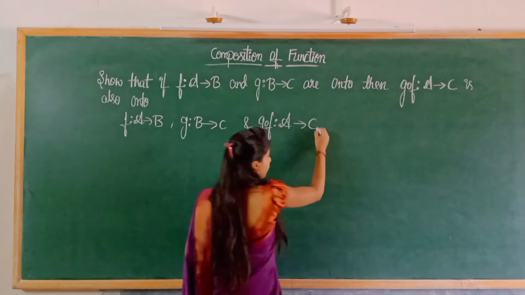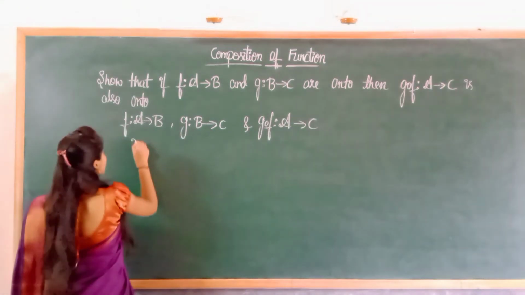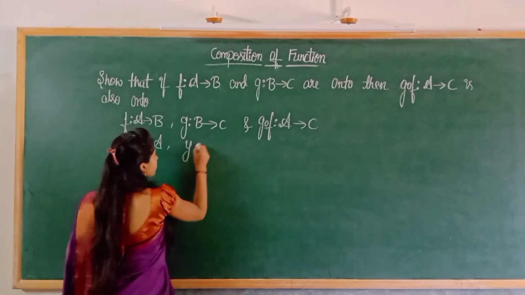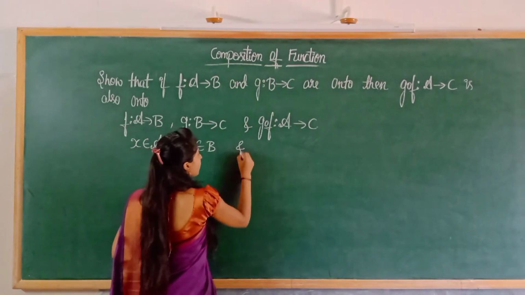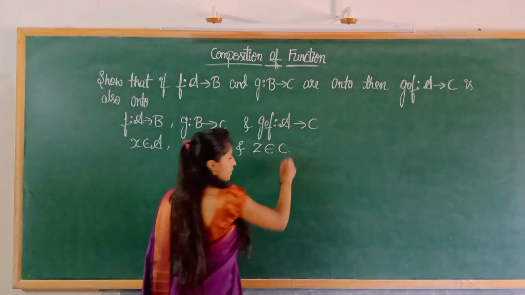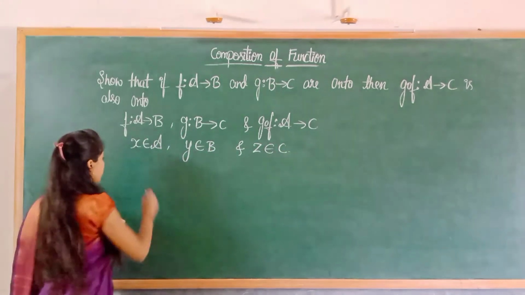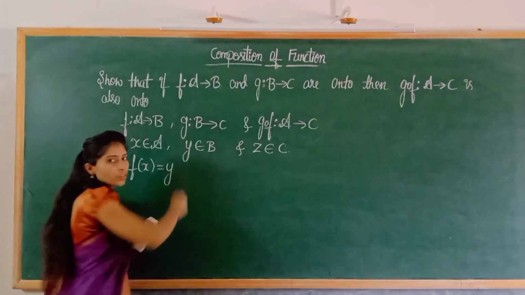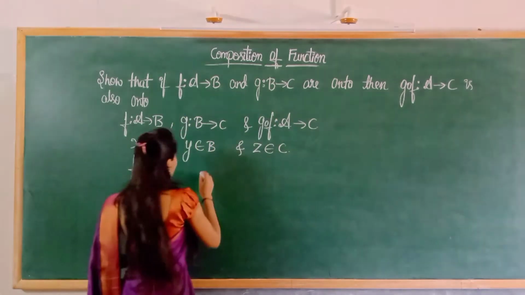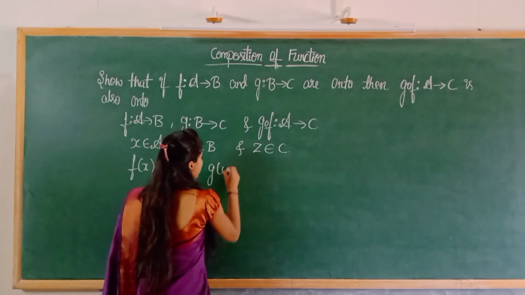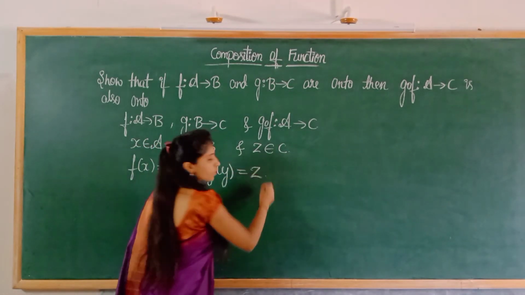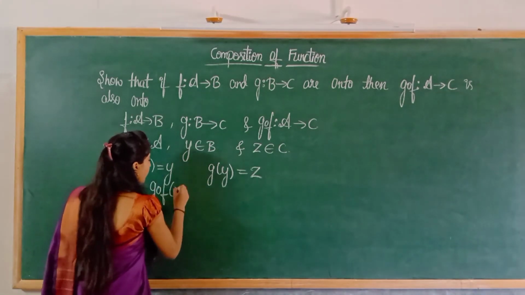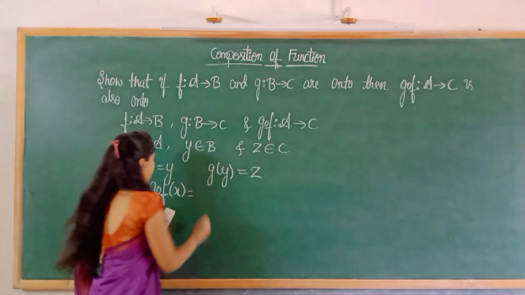Here x belongs to A, y belongs to B, and z belongs to C. In an onto function the condition is what? f of x is equal to y for f, and g of y is equal to z. Now we have to show that g composition f of x is equal to z.